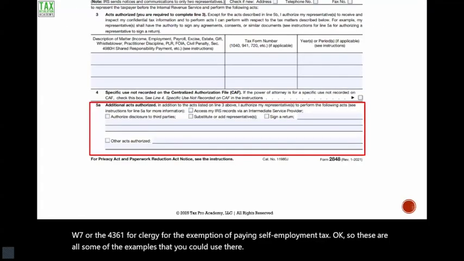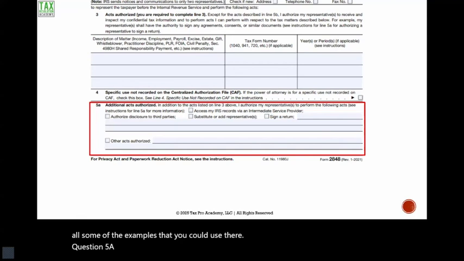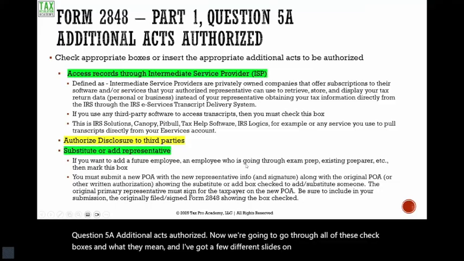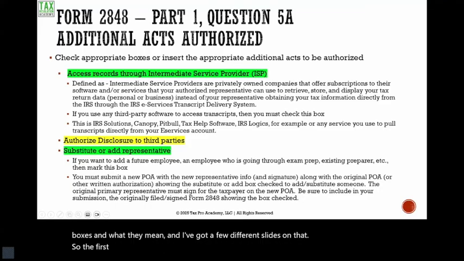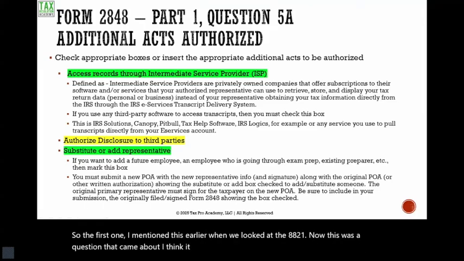Question 5A, additional acts authorized. Now we're going to go through all of these check boxes and what they mean, and I've got a few different slides on that. The first one, I mentioned this earlier when we looked at the 8821. This was a question that came about, I think in 2018.